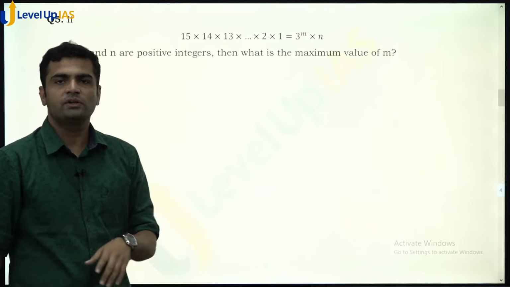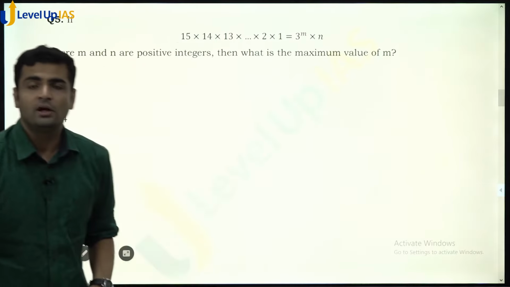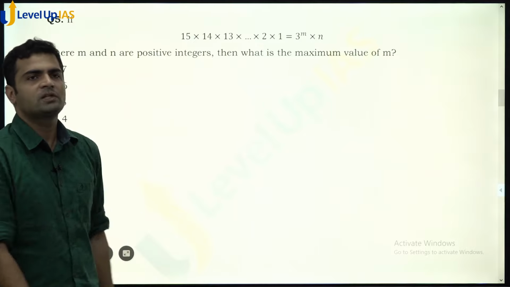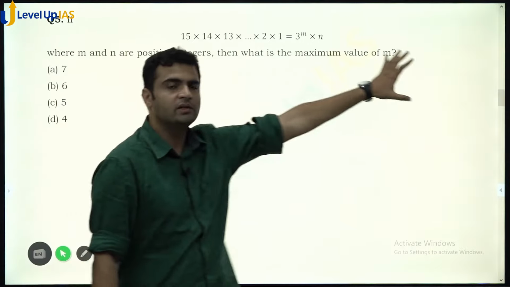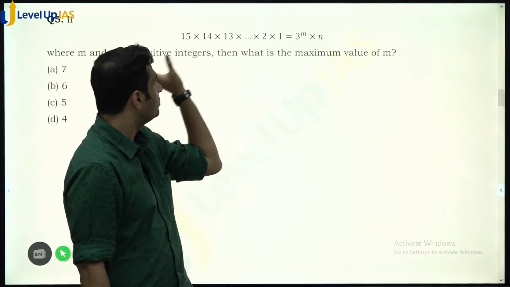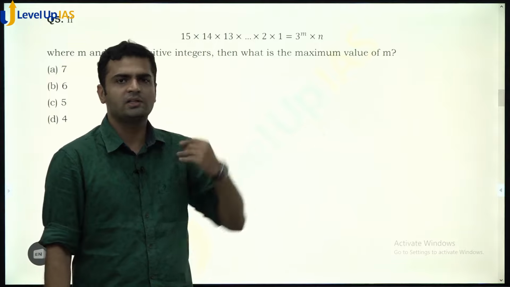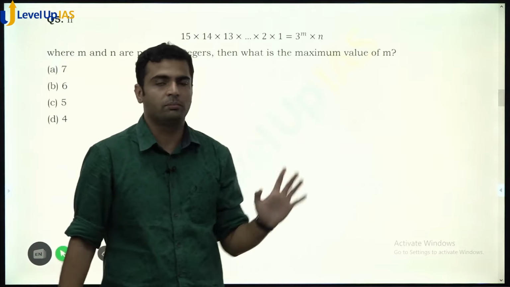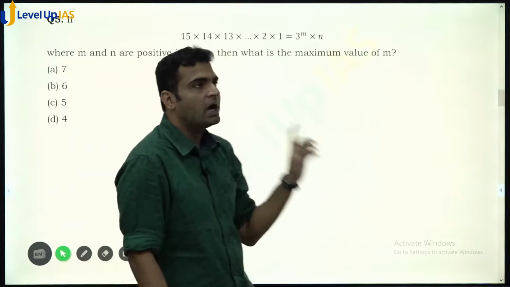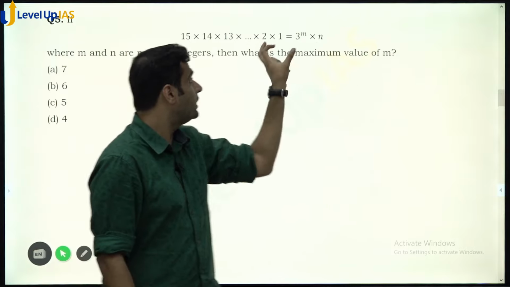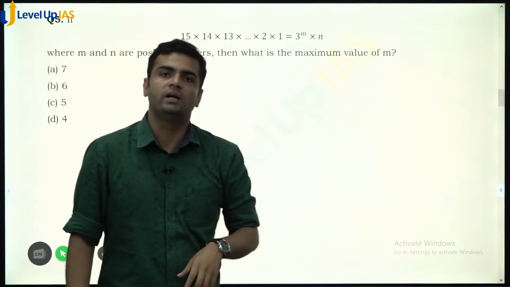See, again, a question very similar to prime factorization, but here the examiner expects us to focus only on one prime number, that is 3. Other numbers are irrelevant because there would be other factors of this huge multiplication. The examiner says don't worry about that, that is some multiple, that is some number, that is irrelevant for this question. Only I want you to focus on how many times 3 appears in this long multiplication.